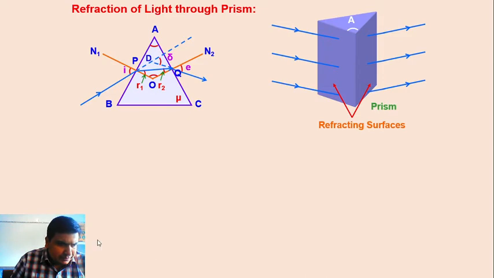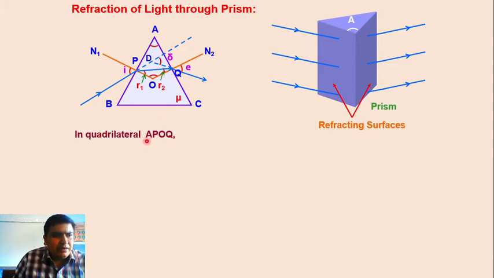So here is the angle of deviation delta, this is the incident angle i, this is the emergent angle e, and these are r1 and r2. This is the basic ray diagram for the refraction of light through a prism.